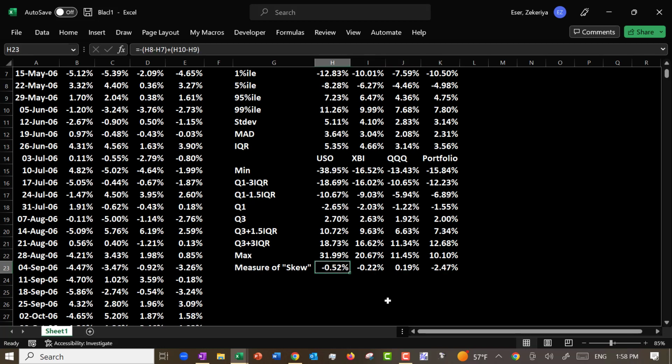Those are important because if you have positions that are long, you're more concerned about the left skew because that's where you lose money.